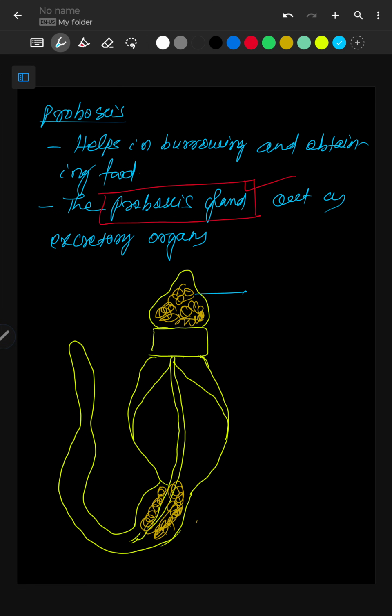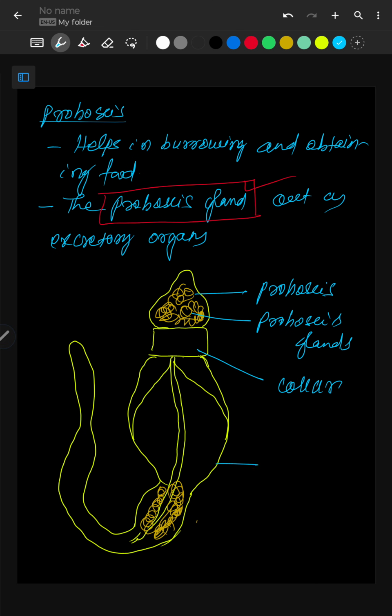Now I am simply telling you what the important structures are. This anterior most part is the proboscis. In the proboscis you can see the proboscis glands which help in respiration. Then this is the collar, and the rest is the trunk. In the trunk the hepatic glands are also present.